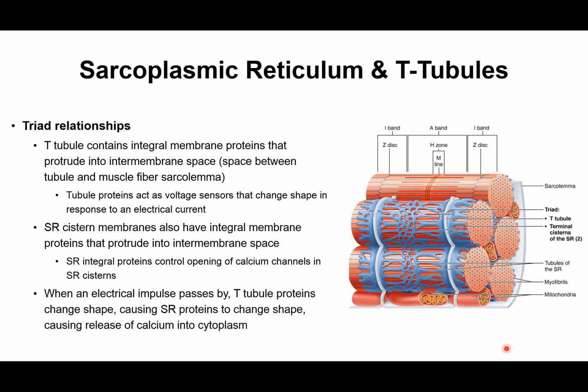T-tubules contain proteins that basically protrude into the space between the tubule and the sarcolemma, and this helps act as a voltage sensor that is going to change shape whenever electricity passes through.